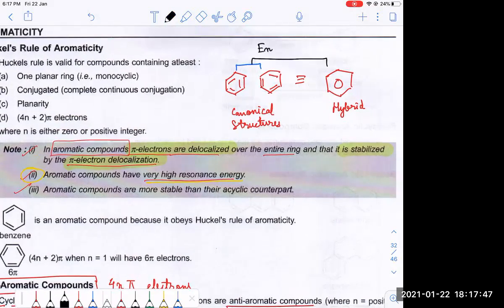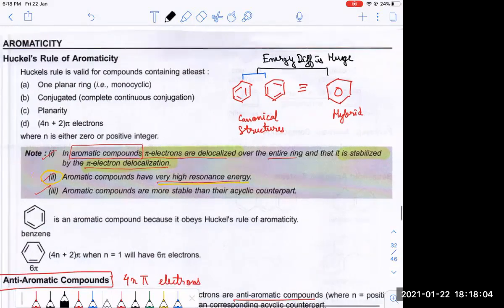Can anybody tell me whose energy would be more, canonical or hybrid? Do these canonical structures have higher energy, or does this hybrid structure have the higher energy?